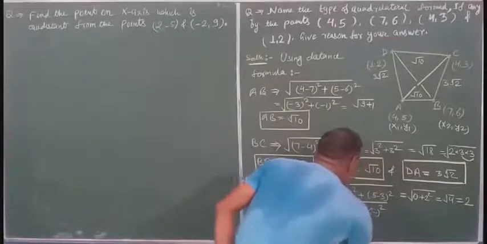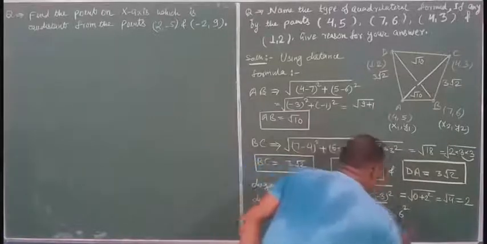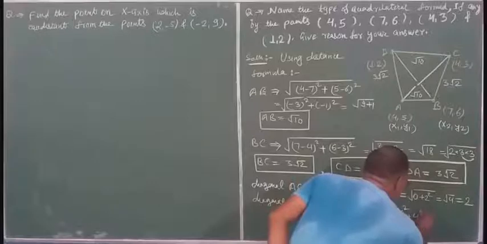So 7 minus 1 is 6 square, and 6 minus 2 is 4 square.